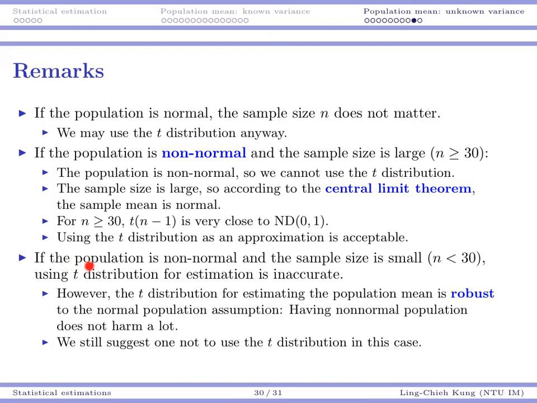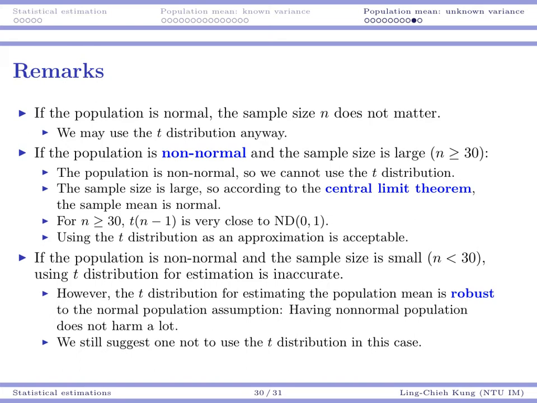If your population is non-normal and unfortunately your sample size is small, then we suggest you do not use t distribution, because you just cannot say that formula produces something that is close to your t distribution.